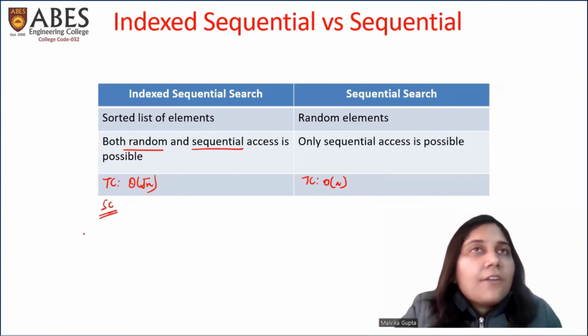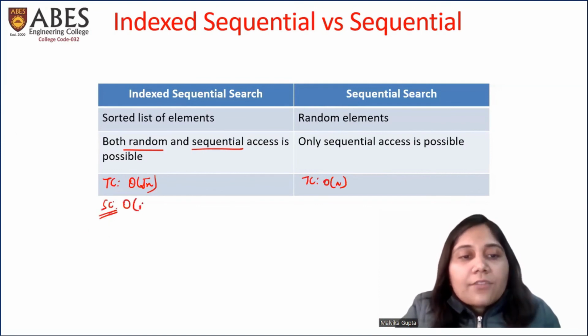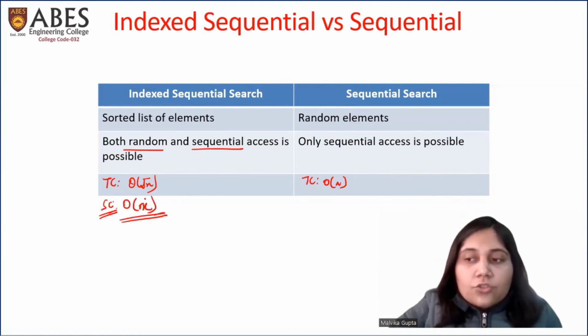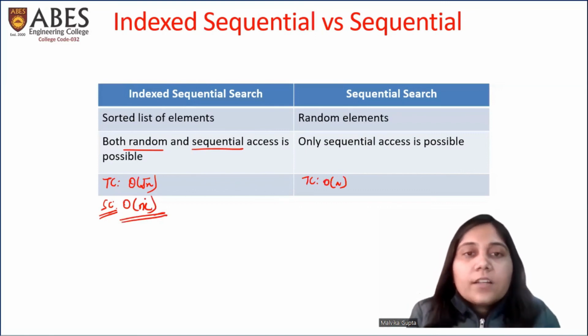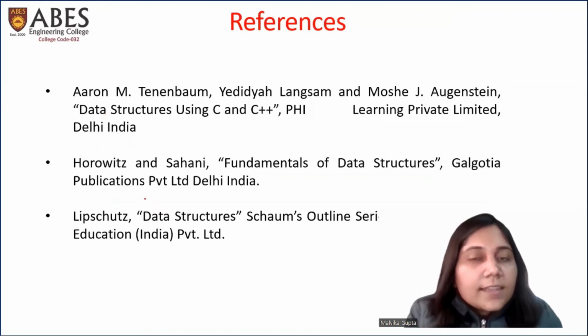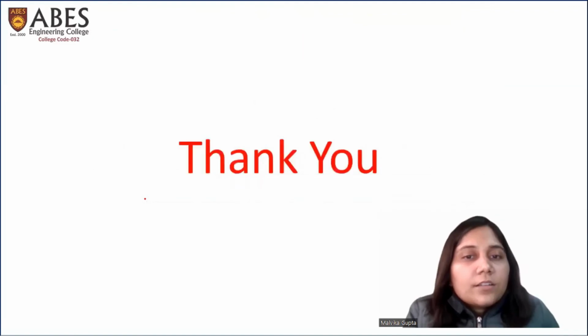So it will have a space complexity, which we have considered as order of x. So this is all about the index sequential search and how it is different from the sequential search. I hope this is clear to you all. These are the references to which you can go ahead, and thank you.